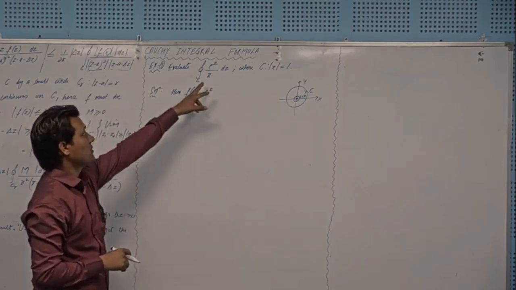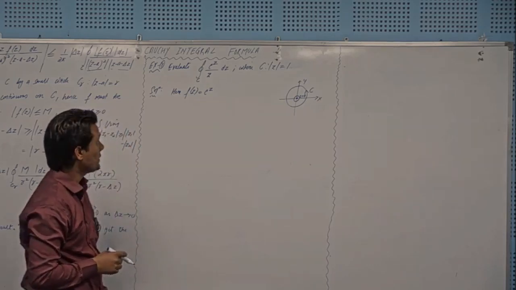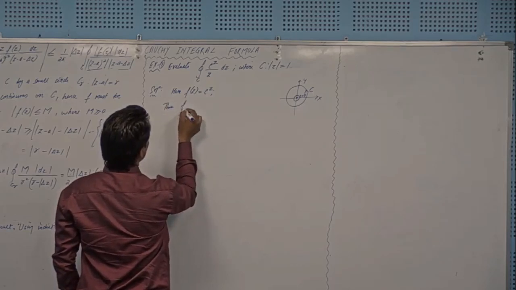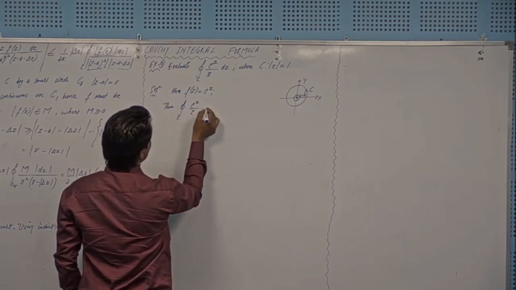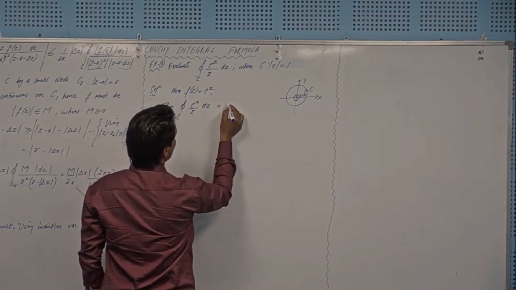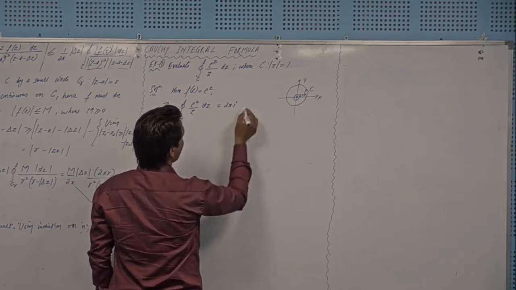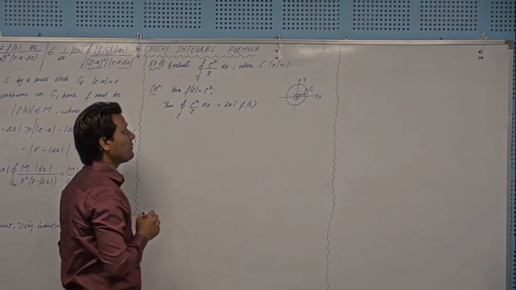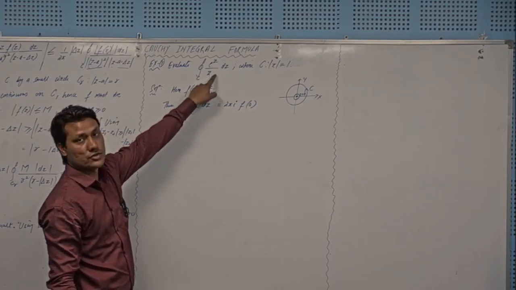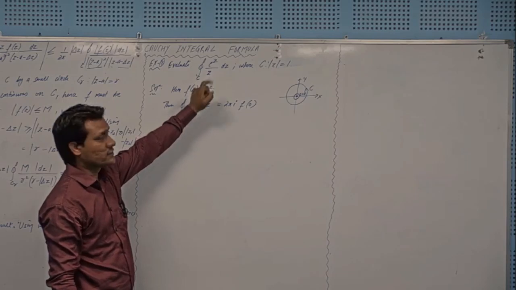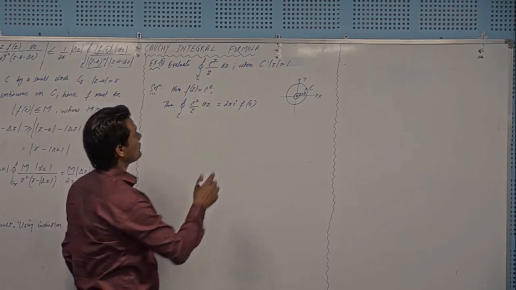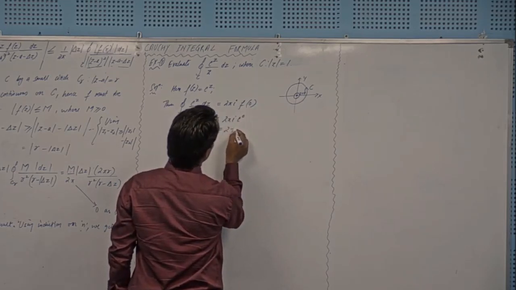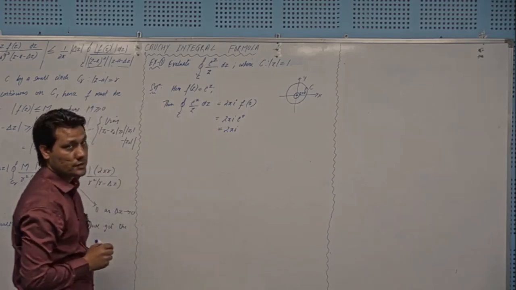If you compare this integral with Cauchy's first formula, the integral of e to the power z over z dz gives 2 pi i times f at 0, because this is actually z minus 0, and 0 is the singular point. Putting f of 0, you get 2 pi i e to the power 0, which ultimately gives 2 pi i. So this is the answer.